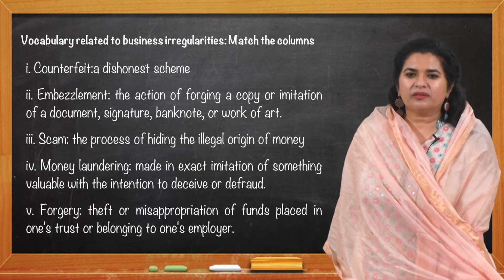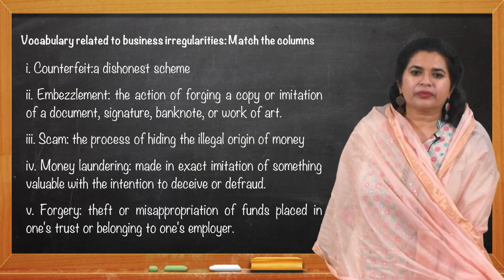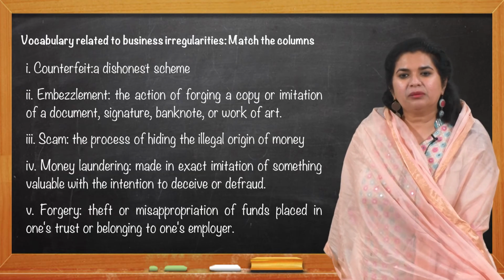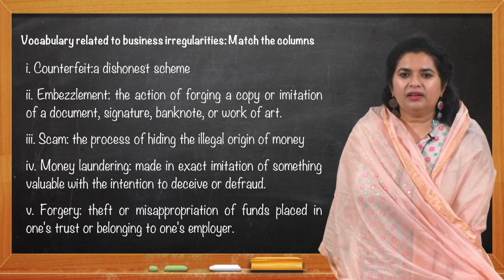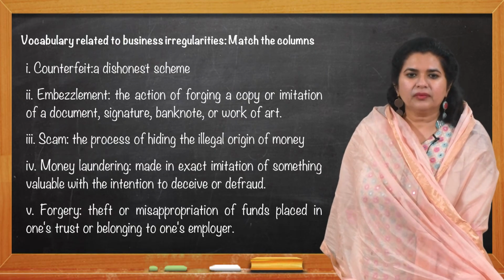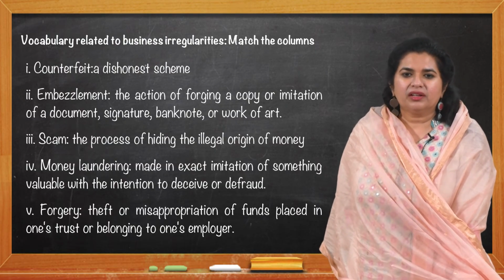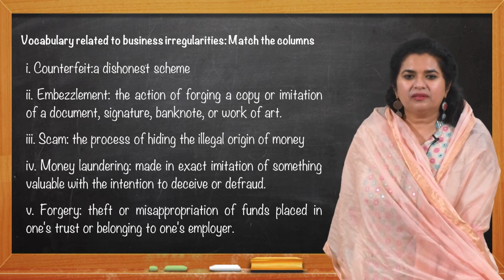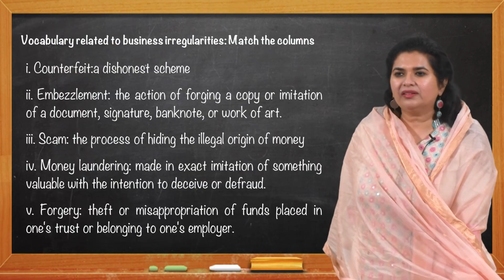Scam, the process of hiding the illegal origin of money. Number 4, money laundering, made in exact imitation of something valuable with the intention to deceive or defraud. Number 5, forgery, theft or misappropriation of funds placed in one's trust or belonging to one's employer.